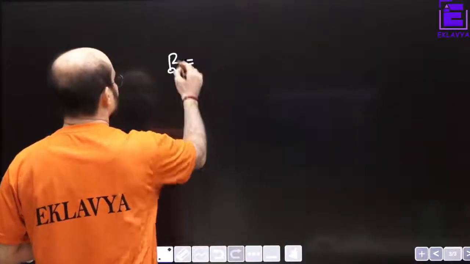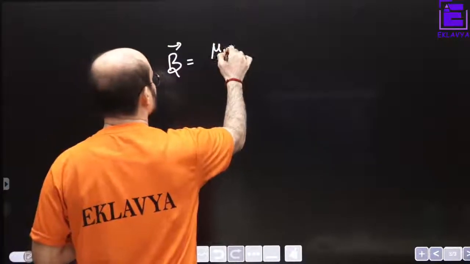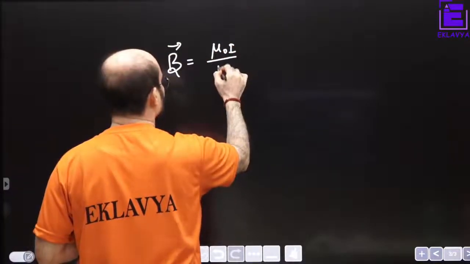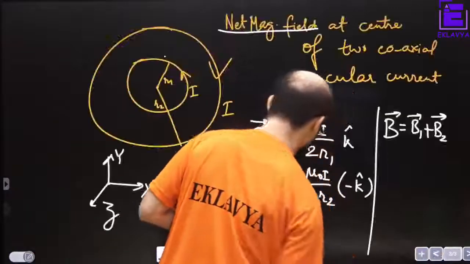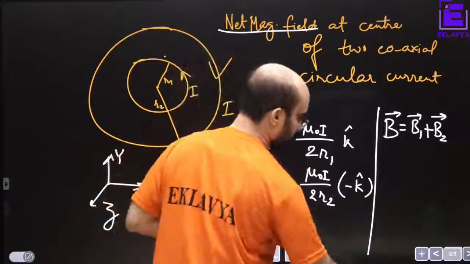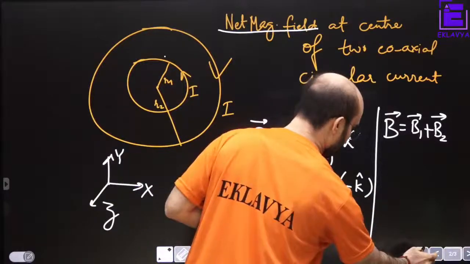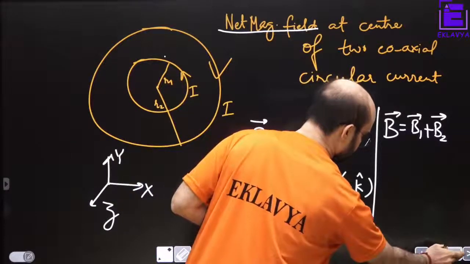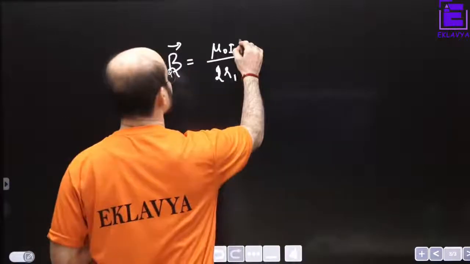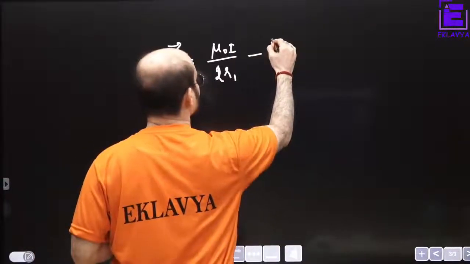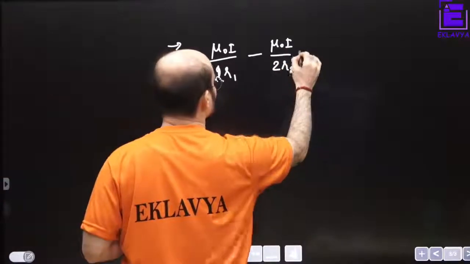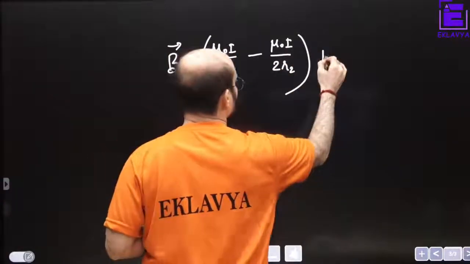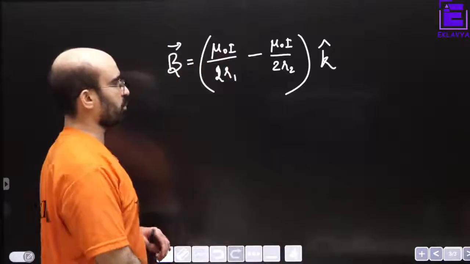B equals mu naught I by 2R1. Yes, this is positive. Okay, and then we have minus of mu naught I by 2R2, and this is positive k, right?